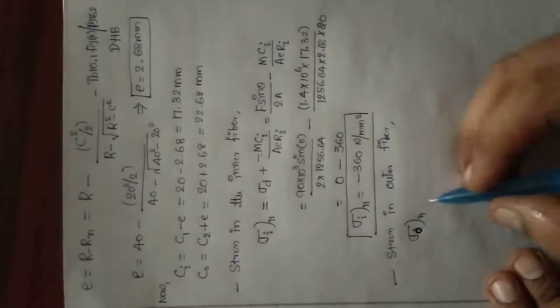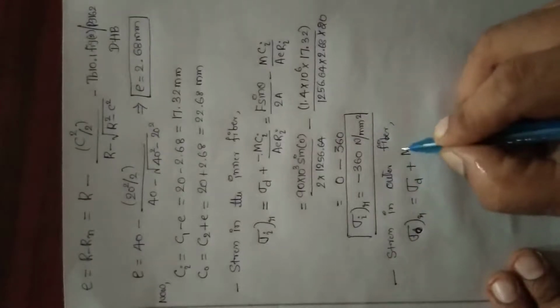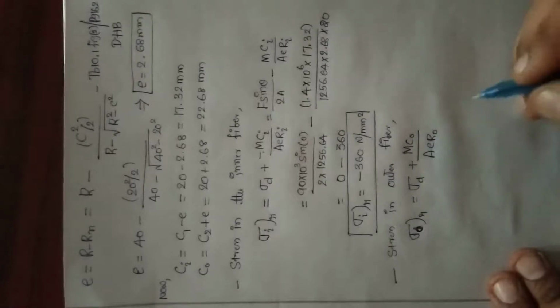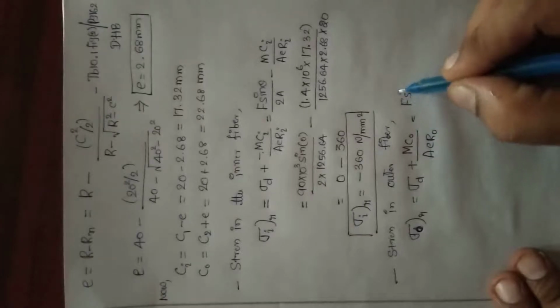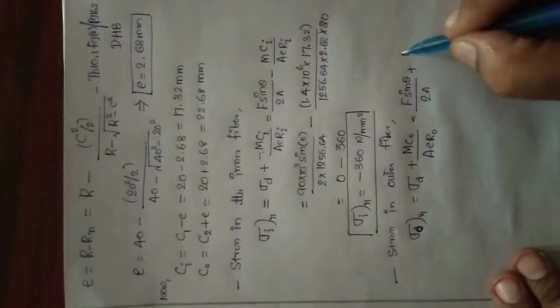Sigma naught R is equal to sigma D plus M C naught by A e into R naught. So direct stresses remain the same, F sin theta by 2A, plus M C naught by A e R naught.